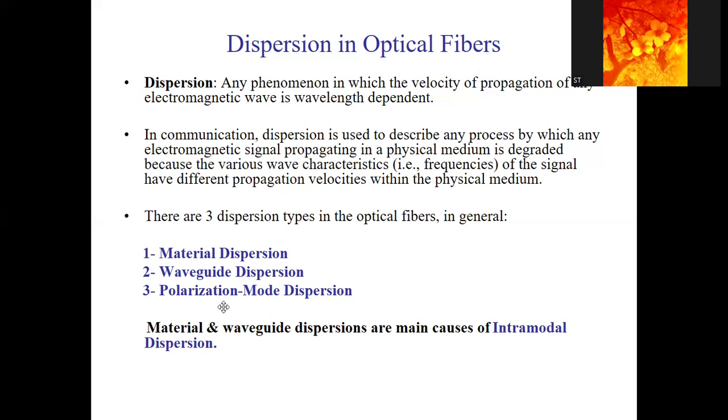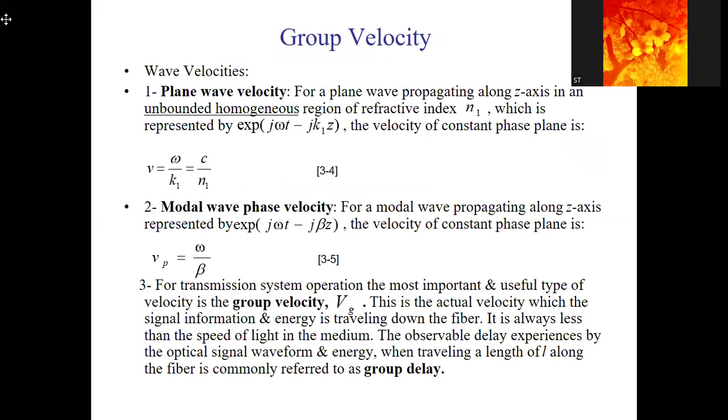So if we want to go through dispersion, first we need to discuss different types of wave velocities. The first one is the plane wave velocity. Suppose a plane wave is propagating along the z-axis in an unbounded homogeneous region having refractive index n1, and this wave is represented by the exponential of j omega t minus j k1 z.